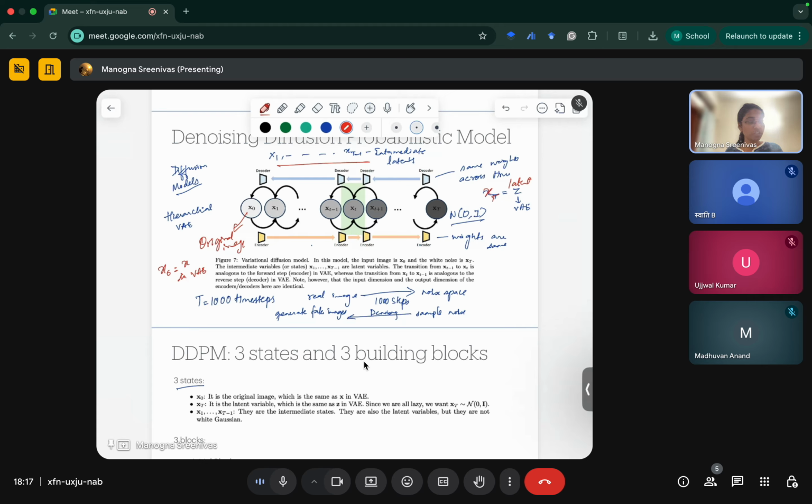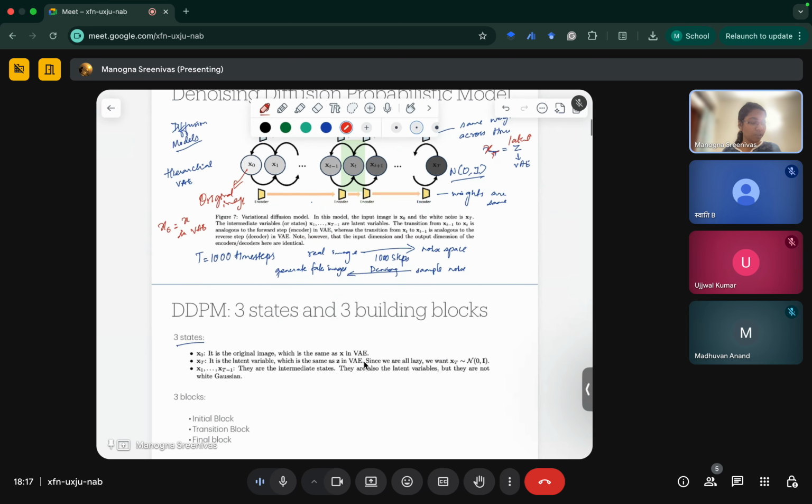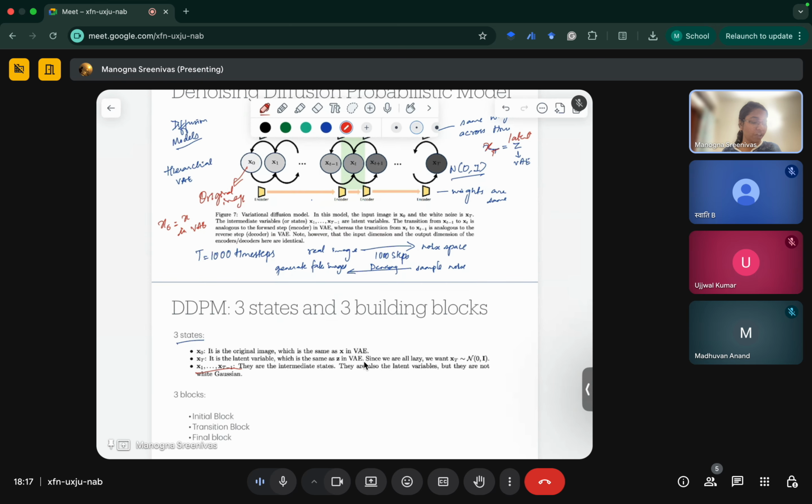So this is equivalent to the z in VAE, and all these variables x1 to xT are modeled as Gaussian random variables. x naught is real, x1 to xT are all modeled as Gaussian random variables.